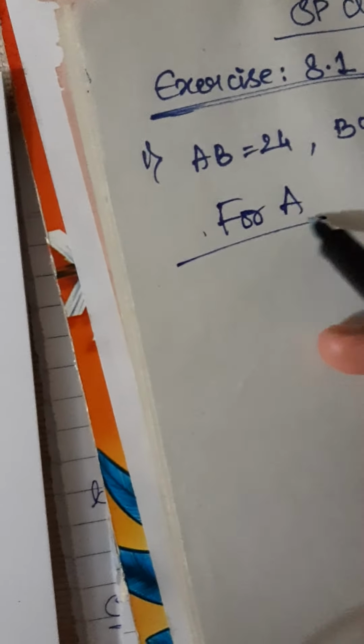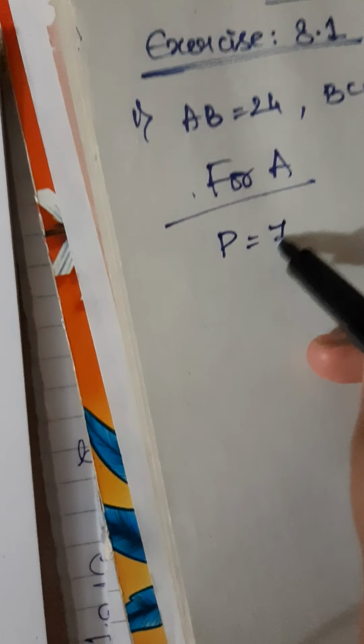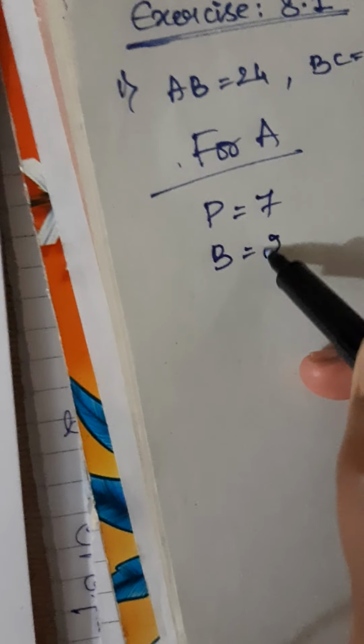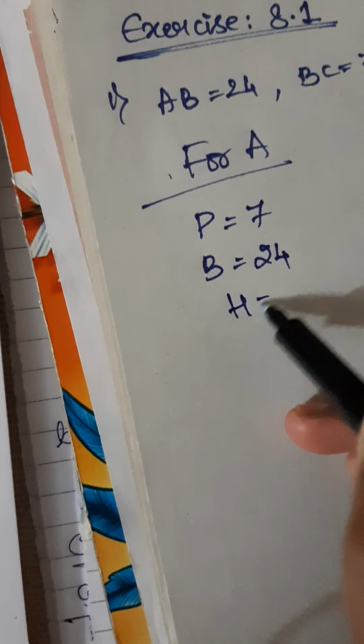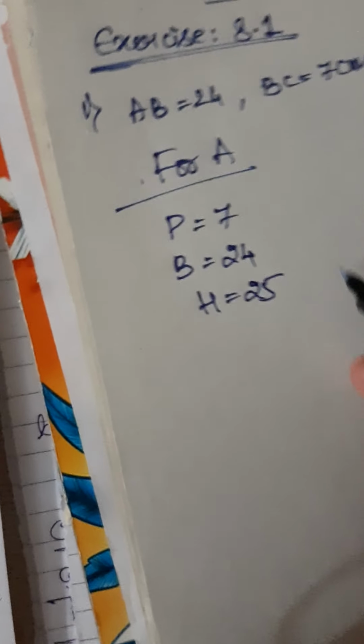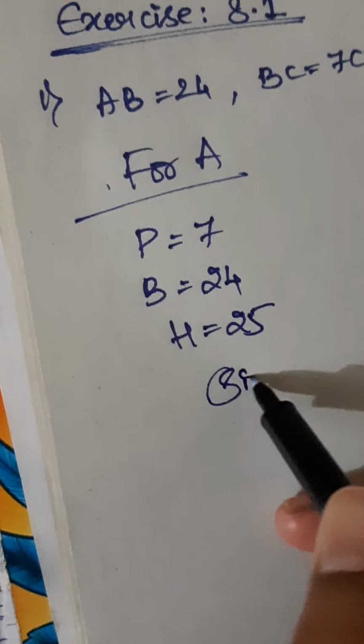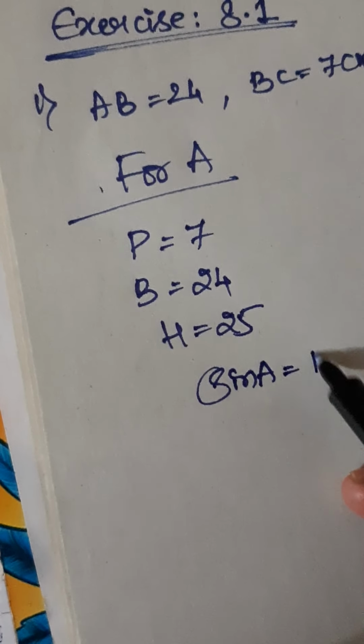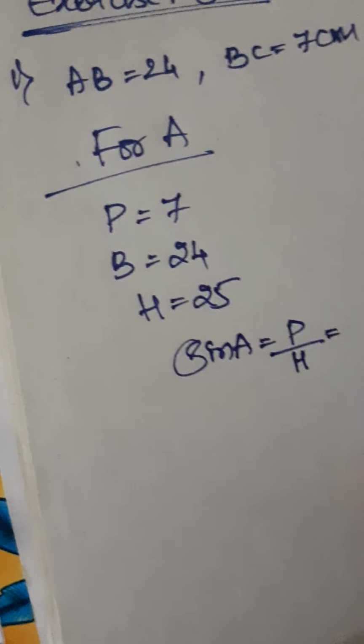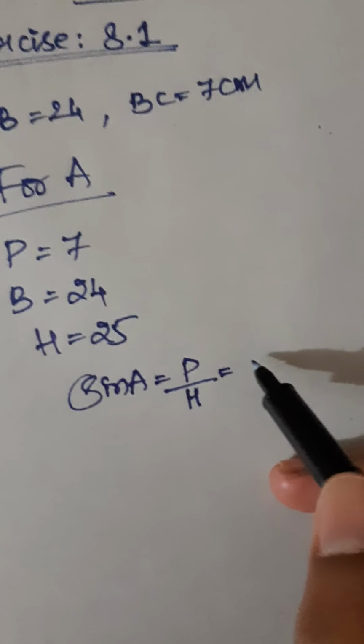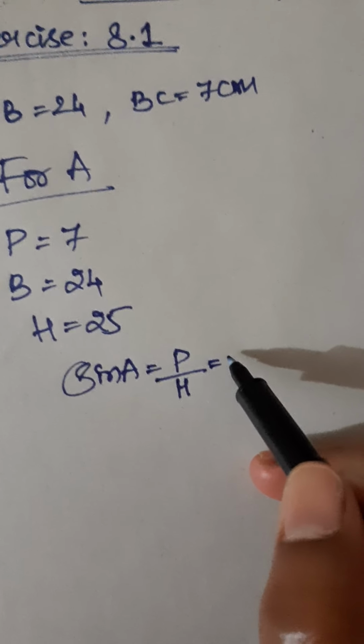Let's write here for angle A, P is equal to 7, B is equal to 24 and H is equal to 25. So in this, now let's find sin A. Sin A is equal to P by H, that is perpendicular by hypotenuse. Before, in classes, I have explained this formula also, we have to remember that one.